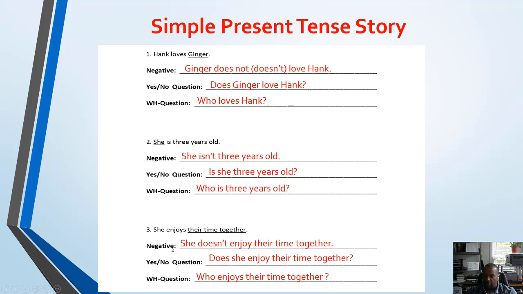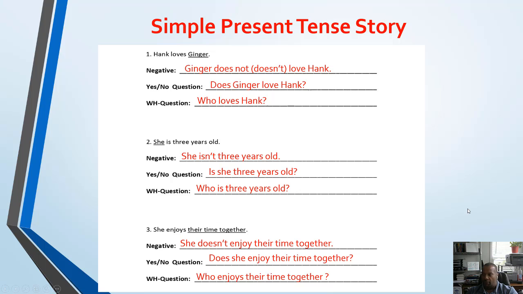Number three, my negative sentence is, she doesn't enjoy their time together. My yes or no question is, does she enjoy their time together? And then the WH question is, who enjoys their time together? Okay? All of these written in simple present tense.